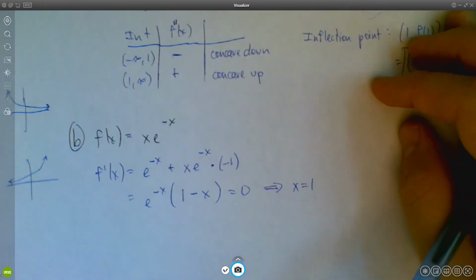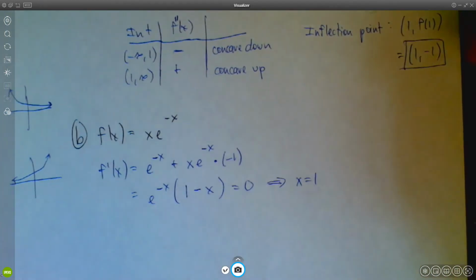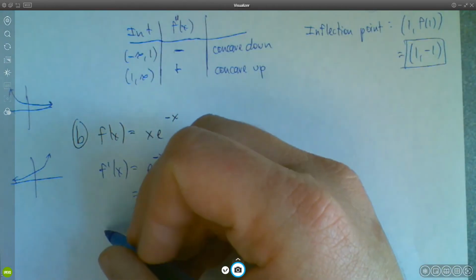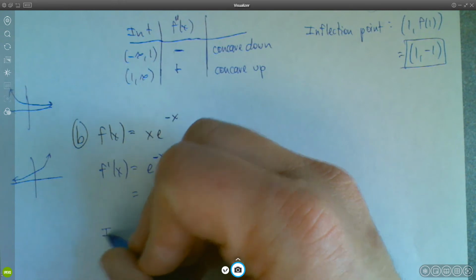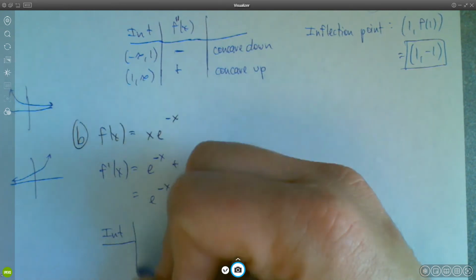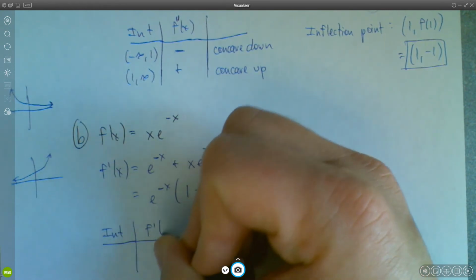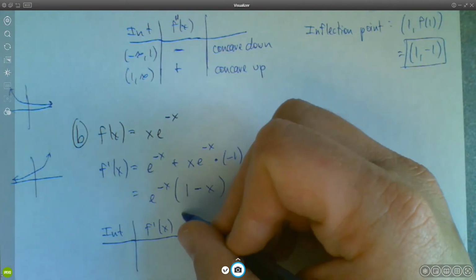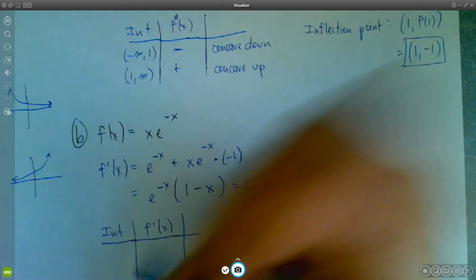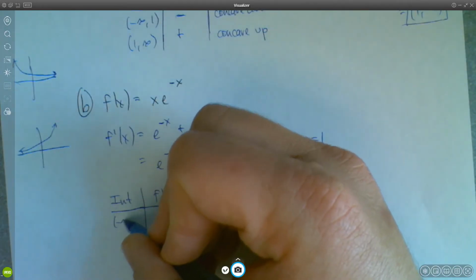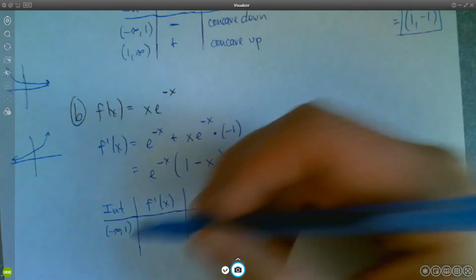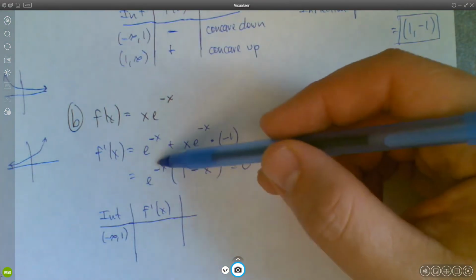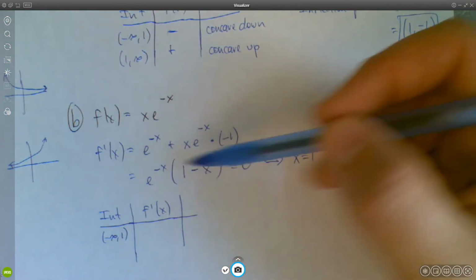So, well, let's see whether it's increasing or decreasing now. Okay, so to the left of 1, if I plug in something like 0, e to the 0 is 1, so I'm going to get a positive number there.